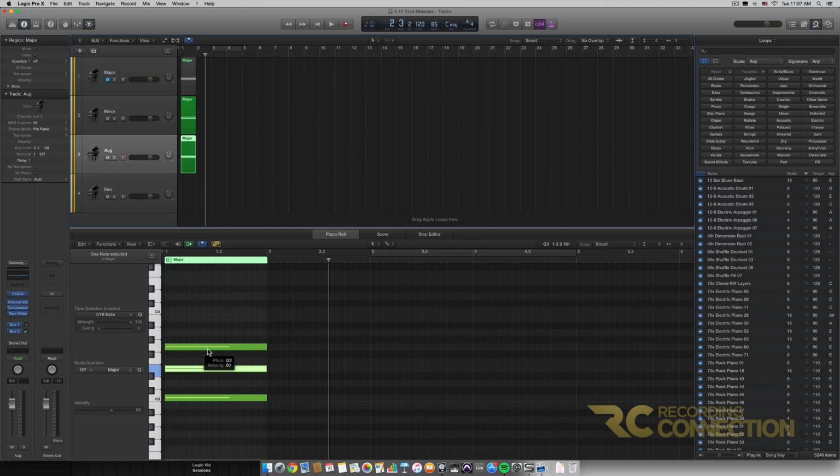An augmented fifth we achieve by just moving a perfect fifth up 1 single step. And this is what an augmented triad will sound like, with the major third and the augmented fifth.